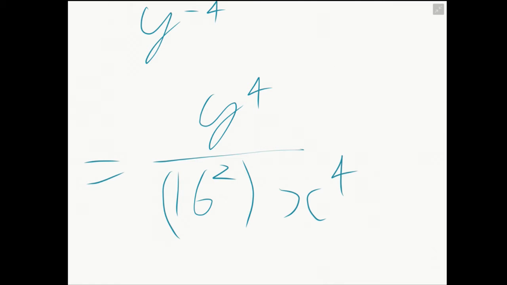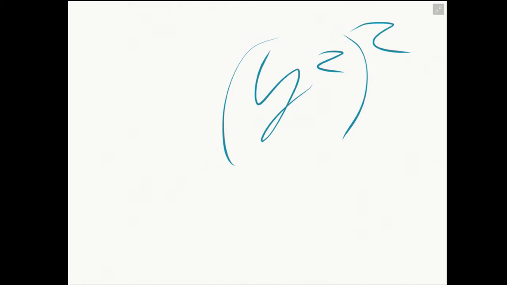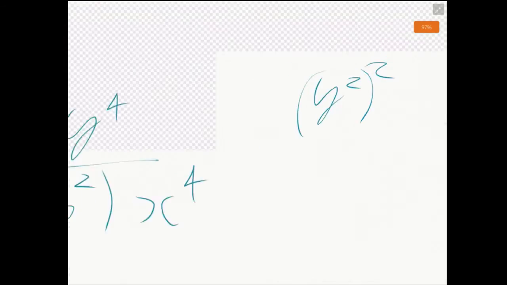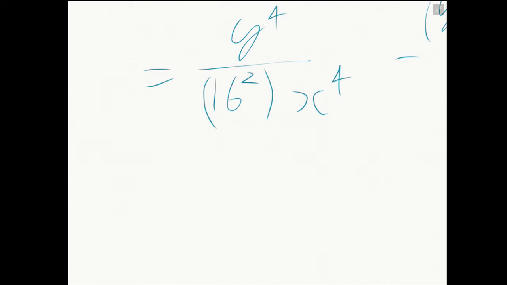Now, here is something that is a little interesting. As we already know, this would be equivalent to y to the power 4. Am I right? So we could actually express it like that, and nothing would be wrong with that. Just note that. It's very, very important, especially for this case.